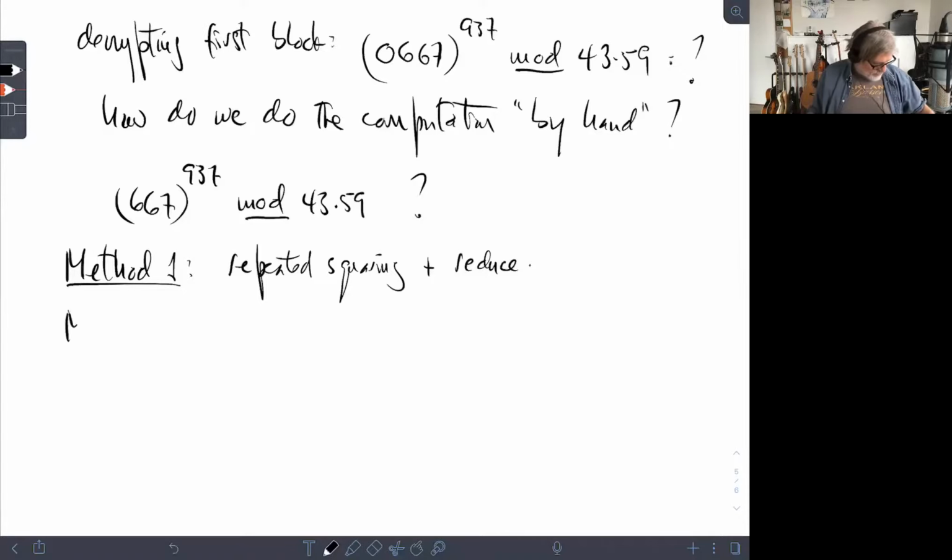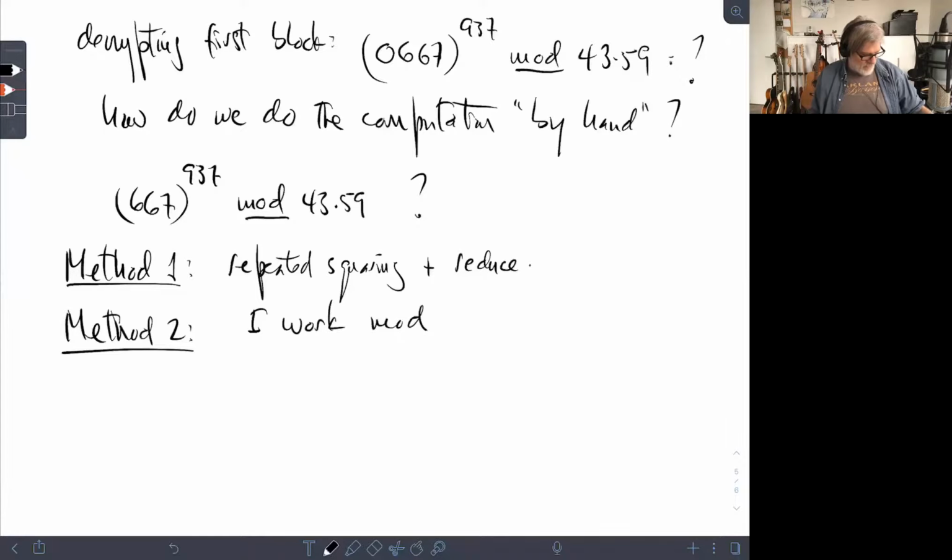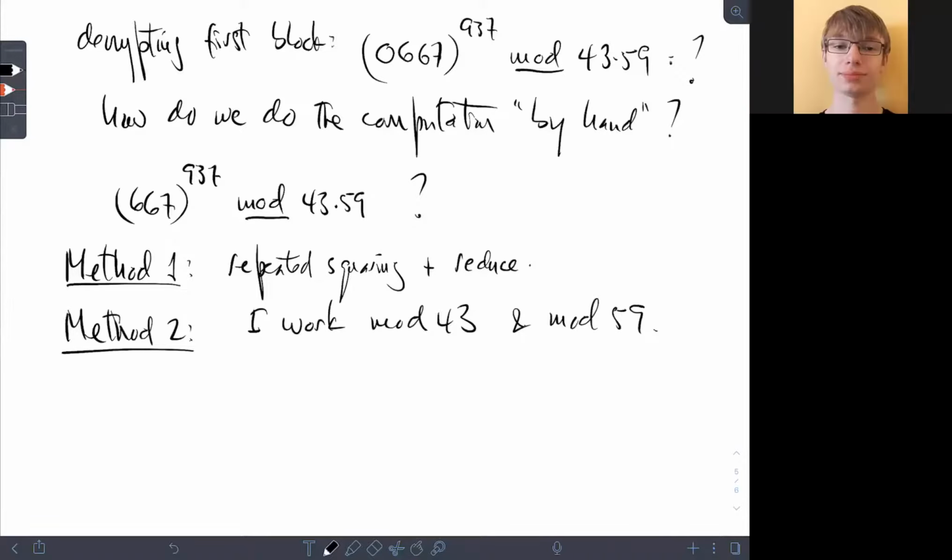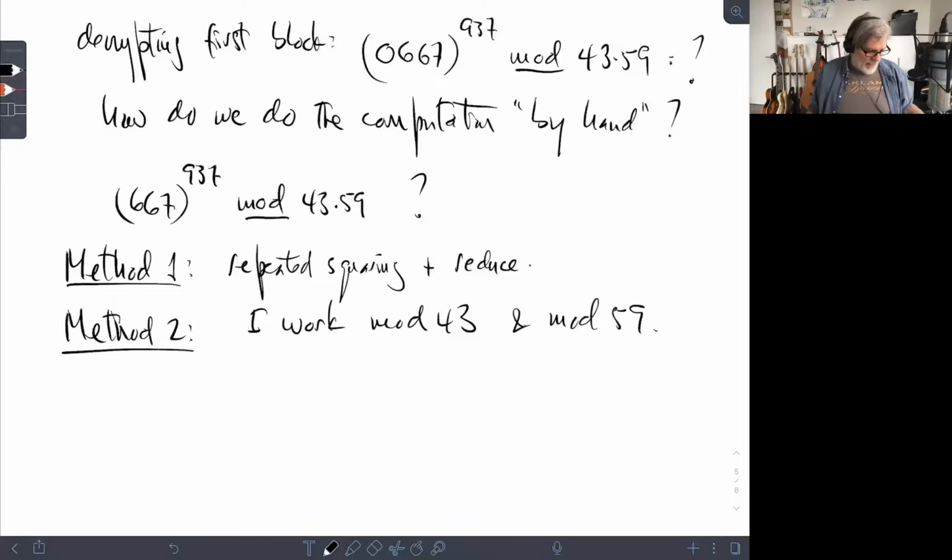Okay, so method two, I'm going to work mod 43 and mod 59. Okay, so do you see what the theorem I'm going to be using at the end will be? Chinese remainder? Correct, right? So I've got two primes, 43 and 59.